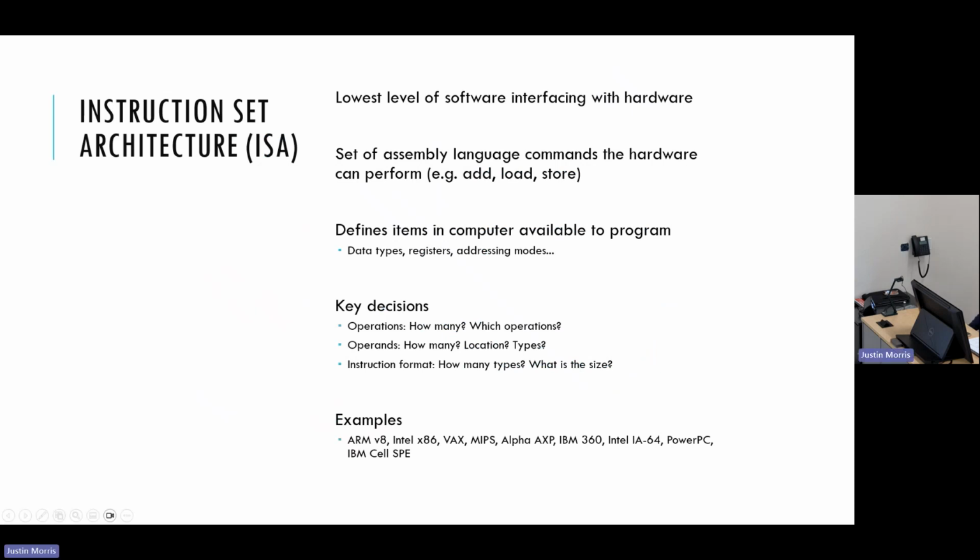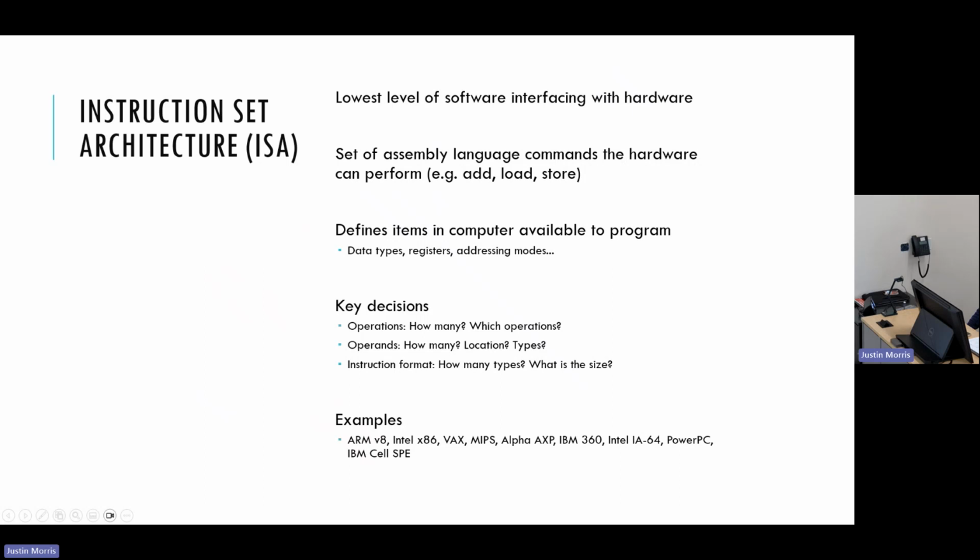So in terms of the instruction set architecture, this is the lowest level of software interfacing with hardware because it's right on that divide. And like we talked about, it's the set of assembly language commands that the hardware can perform. It also defines the different items available inside the machine organization that are available to the program.